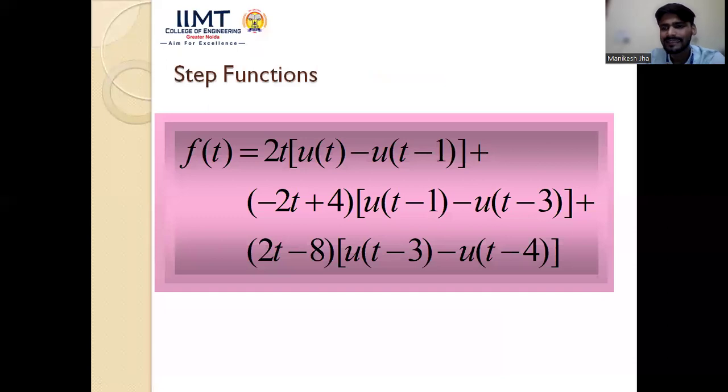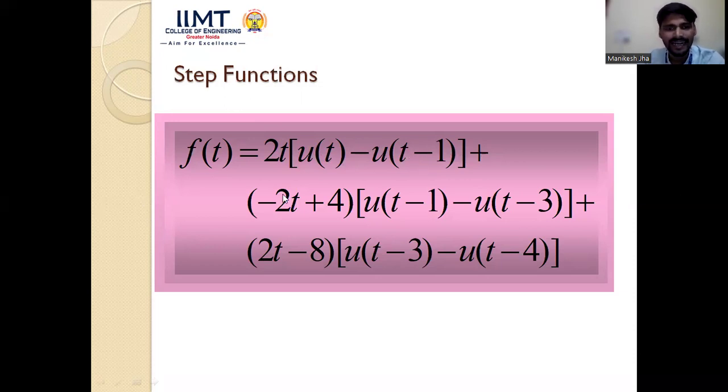So when we are defining that triangular signal in unit step functions, if somebody gives a triangular signal and asks you to define it in the form of unit step signals, how do we find it? The first line equation is 2t, between 0 and 1. So the first time instant is 0 and the second time instant is 1. We write 2t times u(t) minus u(t minus 1).